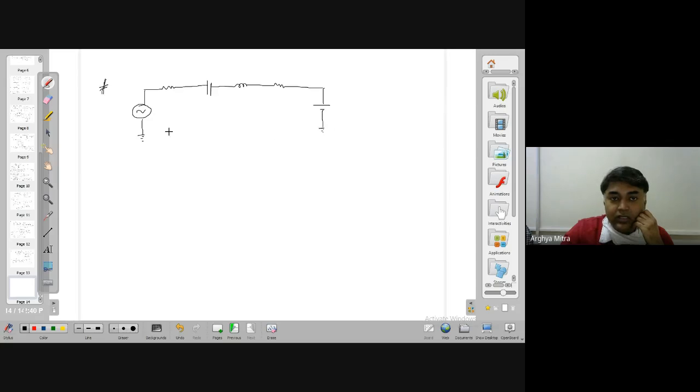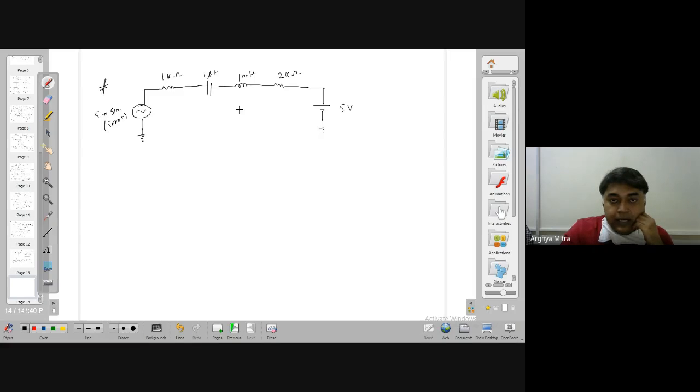All the things you can imagine are in this network. The value of this is 5 pi sine of 5000 t, and this is 5 volt. This is 1 kilo ohm, this is 1 microfarad, this is 1 millihenry, and this is 2 kilo ohm.